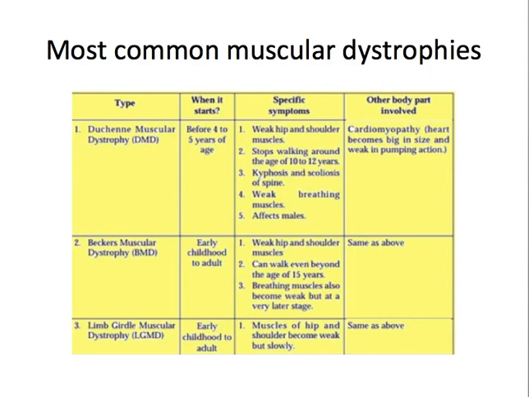In the case of muscular dystrophies, mutations in genes are a prominent cause. There are two main muscular dystrophies: Duchenne muscular dystrophy and Becker muscular dystrophy.